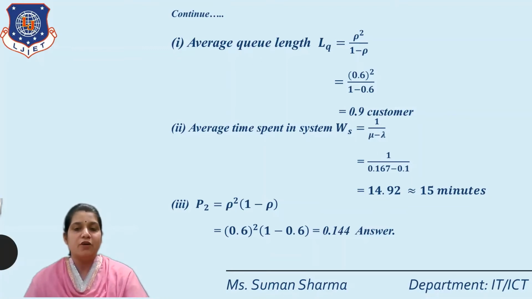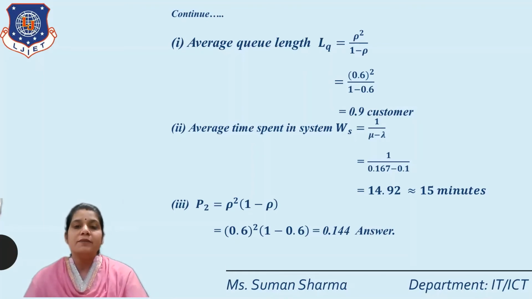So we get the value 0.9. So Lq, the number of customers, is 0.9 customer, which is approximately one customer. Got it?